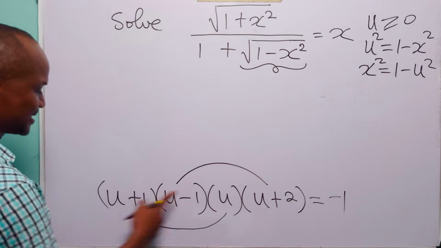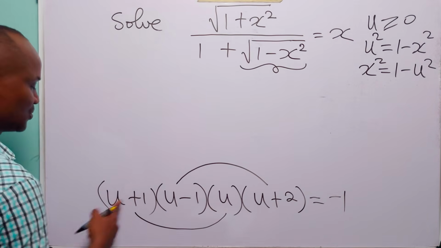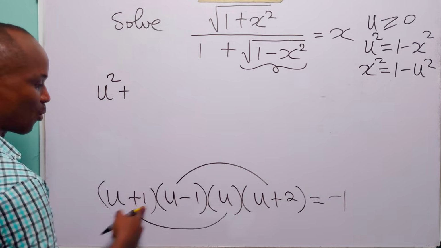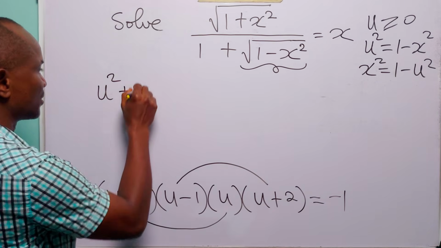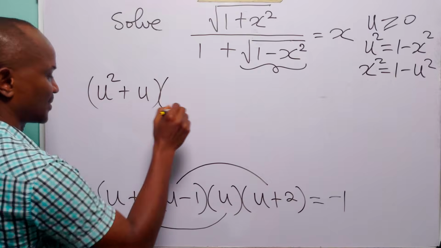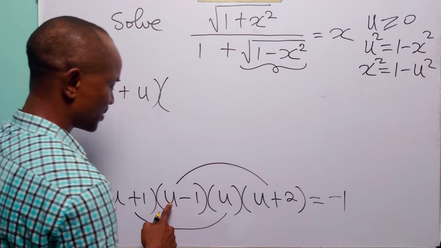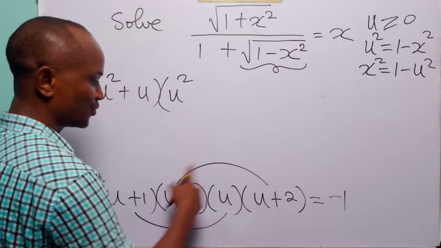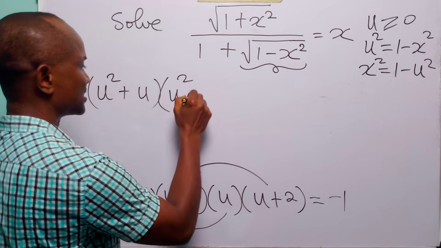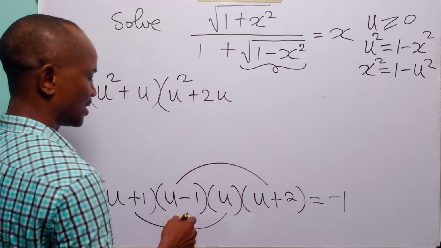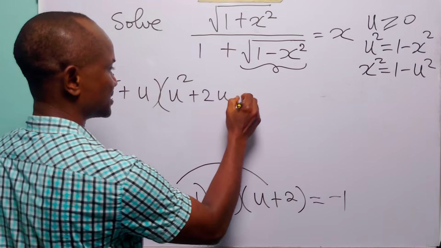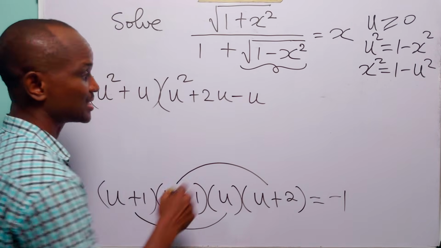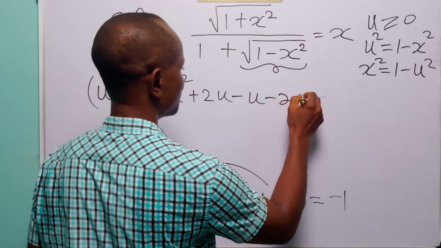Now, when we multiply this by this, of course, we have u times u, which is u squared, plus 1 times u, which is equal to u. And then when we multiply these two, we have u times u, which is u squared, u times plus 2, which is plus 2u, minus 1 times u, which is minus u, and minus 1 times plus 2, which is equal to minus 2.